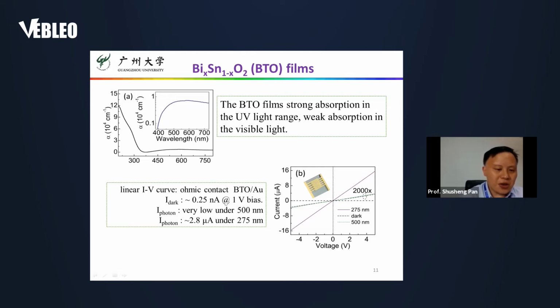The dark current of our photoconductor is very low, about 0.25 nanoampere at 1 volt bias.